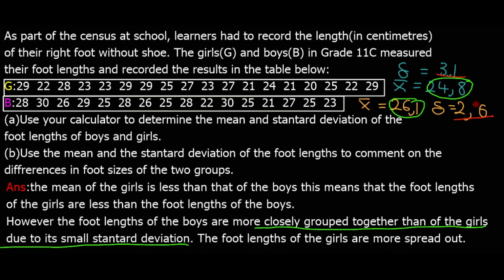Because ka kgona bona gore the standard deviation ya boys ke nyane e re botša gore their size are more closely together, and then because ya girls ke kgolo e re botša gore the foot length of the girls are more spread out. So ke ka mokgwa re answerago these kind of questions.